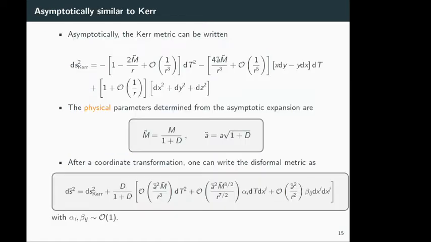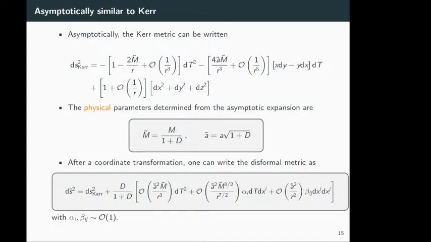Right, so now let me do a parallel analysis to what I did for Kerr at the beginning. So let me start at infinity. And if I start very far away, basically what we find is that the disformed metric is very similar to Kerr.